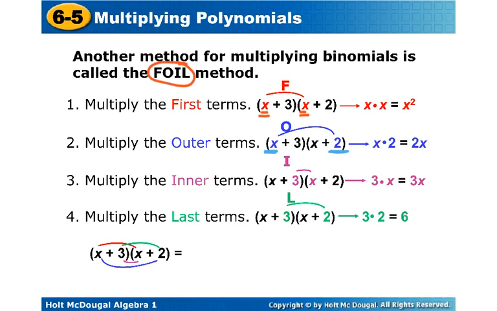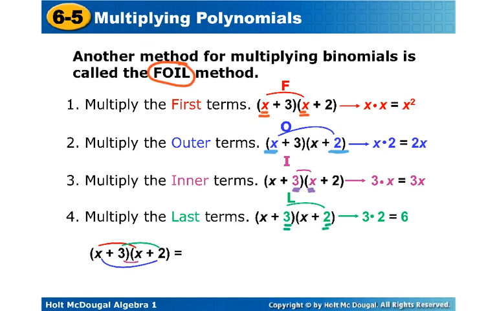Then you multiply your inner terms. So what that means is you have your innermost terms in each one. Okay, so they're the ones right next to each other. And then finally, you multiply the last terms. Okay, so they're the last term in each binomial.